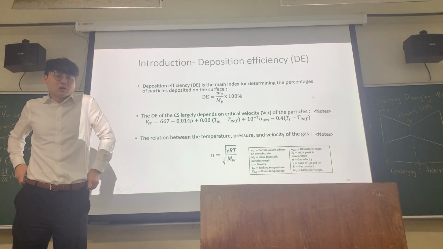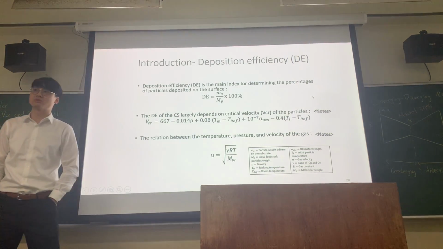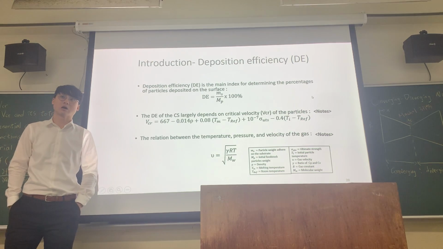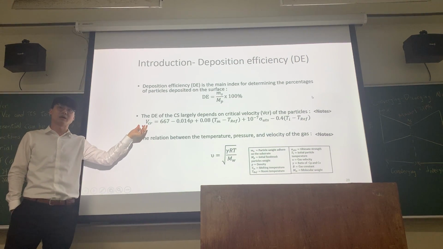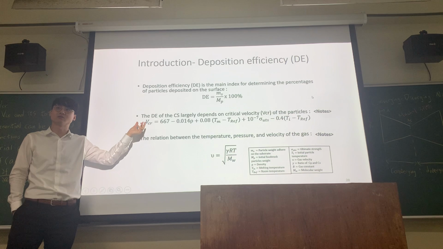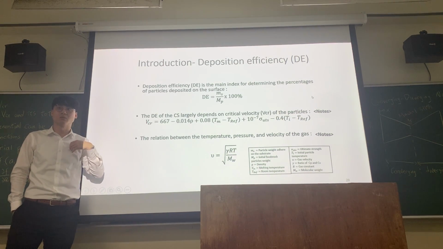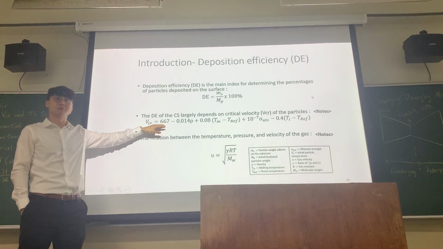What's interesting about this author is that he tried to correlate all the material properties and the processes around them and came up with this VCR, the critical velocity, which gives people an indication of the minimum velocity for allowing a particle to attach onto the substrate. You can see that 667 is meters per second.